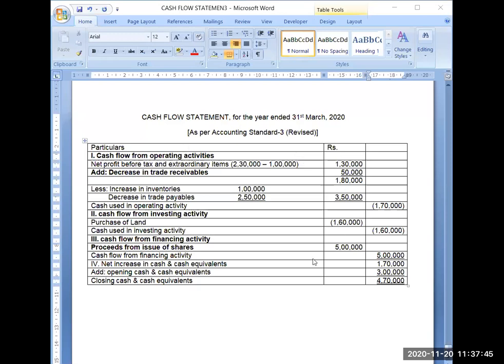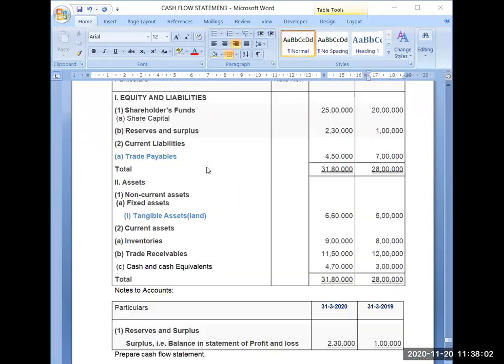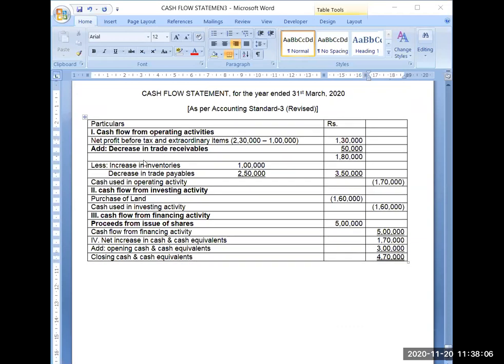Right now we have attempted simple ones so that you have an idea how to prepare the full cash flow statement and what steps need to be followed. At the time I am reciting, the first step is this, I will find out in this manner. Then the second step is this, but I don't have any information regarding this provided in the question. Then we proceed to the third step, whether there is any decrease or increase in current assets.